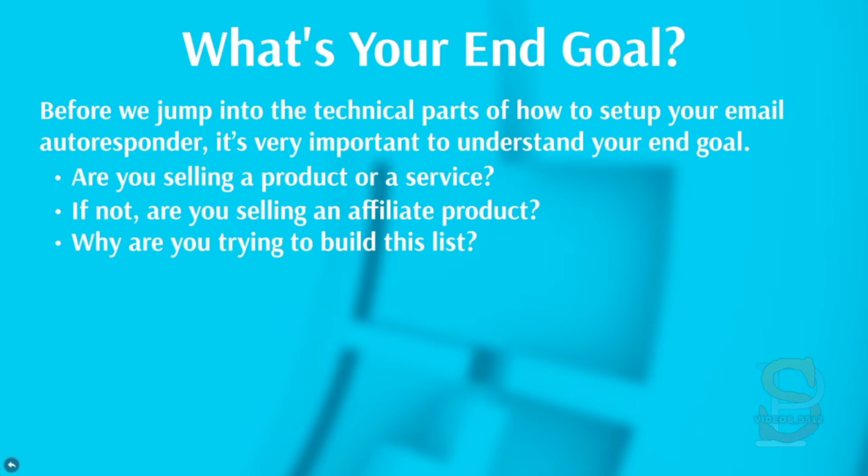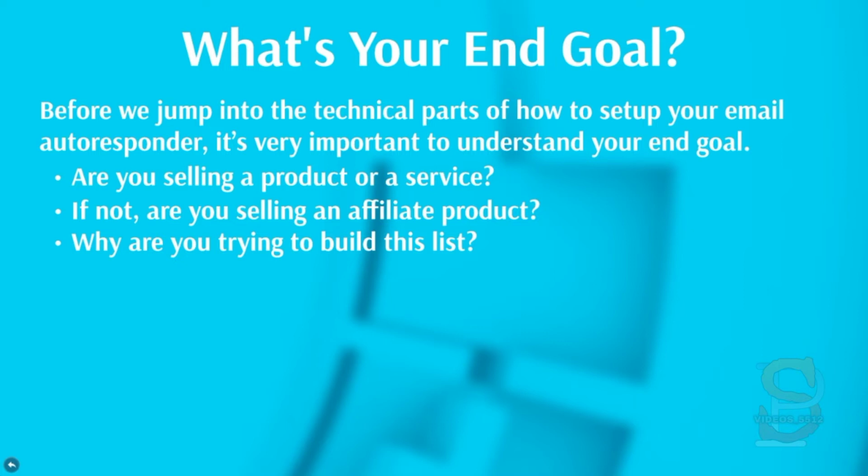So in other words, if you're selling a product or service, you need to clearly understand what are the problems that your prospect faces, right? And give them tips and pointers along the way and build a relationship with them, gain their trust so that they're interested in your product or service. Now, if you're selling an affiliate product, on the other hand, then you may not be required to do all of that.